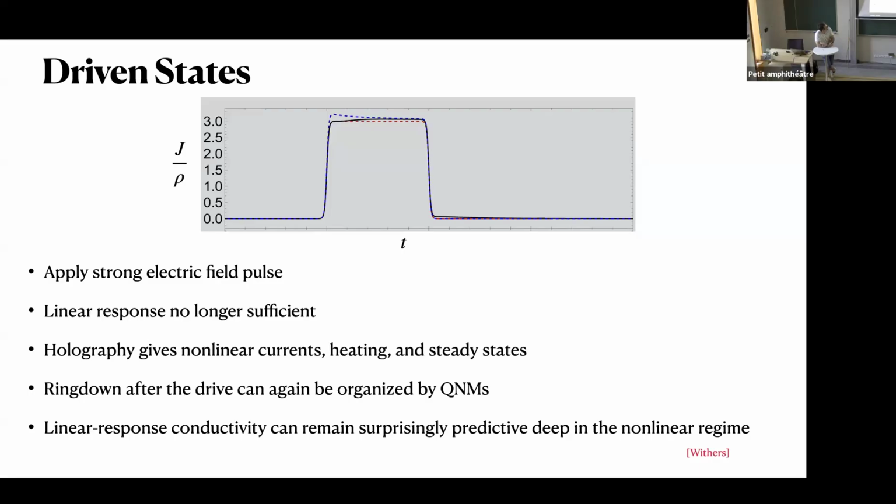But this dotted blue line is the current you would get from the linear constitutive relation for the current, from Ohm's law. And the conductivity that Ben was using here is precisely what Blaise is describing. Holographically, you can write the conductivity as a function of temperature, chemical potential, and other parameters. What you can also do is write the conductivity in terms of the energy of the state and the charge of the state.